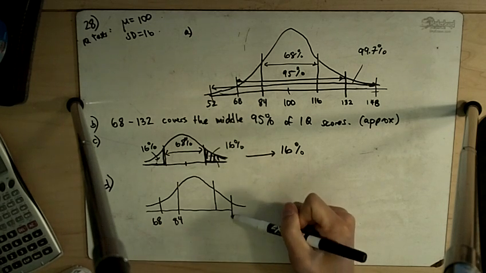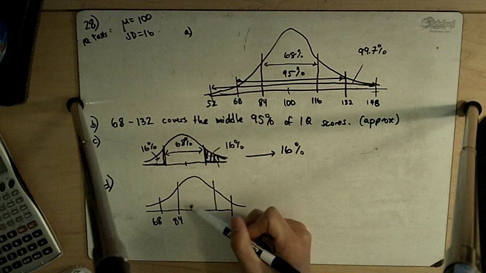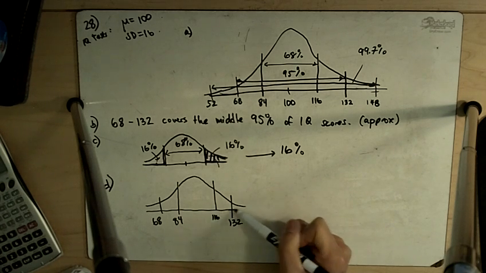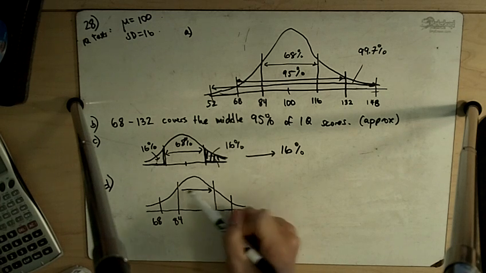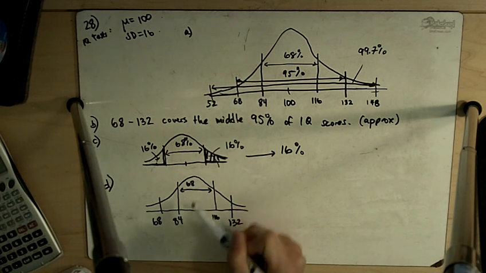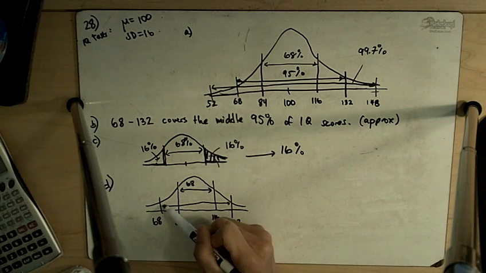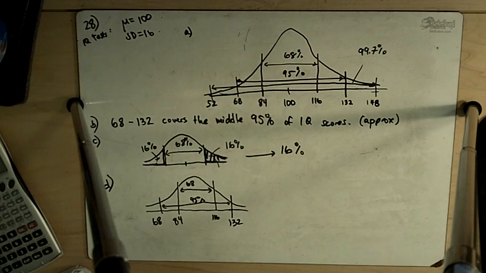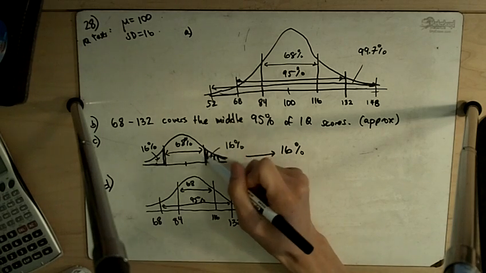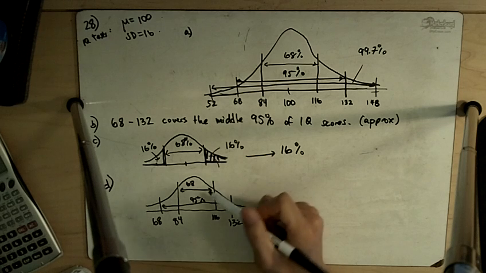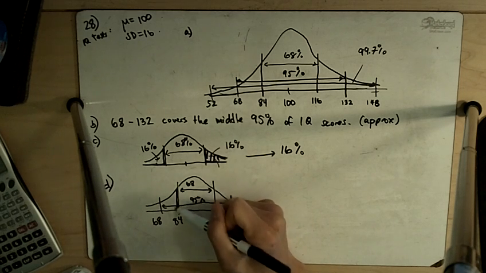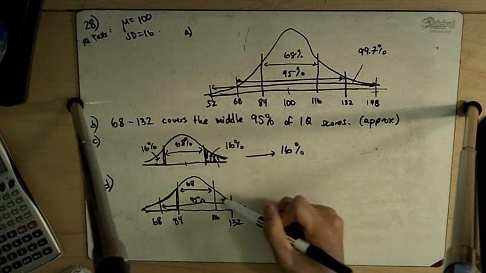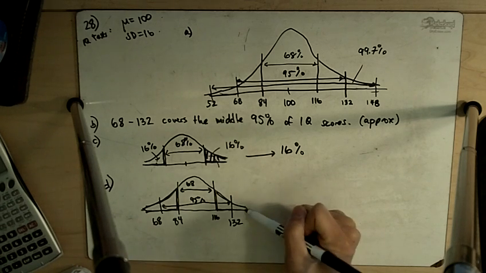Between 84 and 116, and I'm going to write 132 over here, between here and here, we've got 68%, and between here and here, that's 2 standard deviations, we have 95%. And we just saw in the previous part that for the 68%, this part over here is going to be 16%, and this part over here is also 16%.